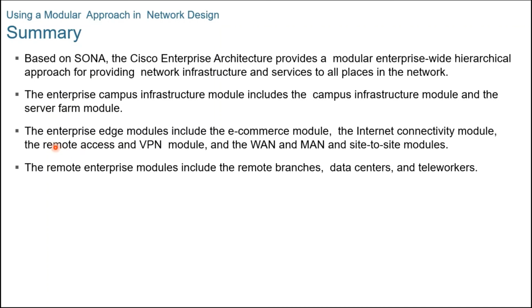The Enterprise Edge modules include the e-commerce module, the internet connectivity module, the remote access and VPN module, and the WAN, MAN, and site-to-site modules. The remote enterprise modules include the remote branches, data centers, and teleworker.